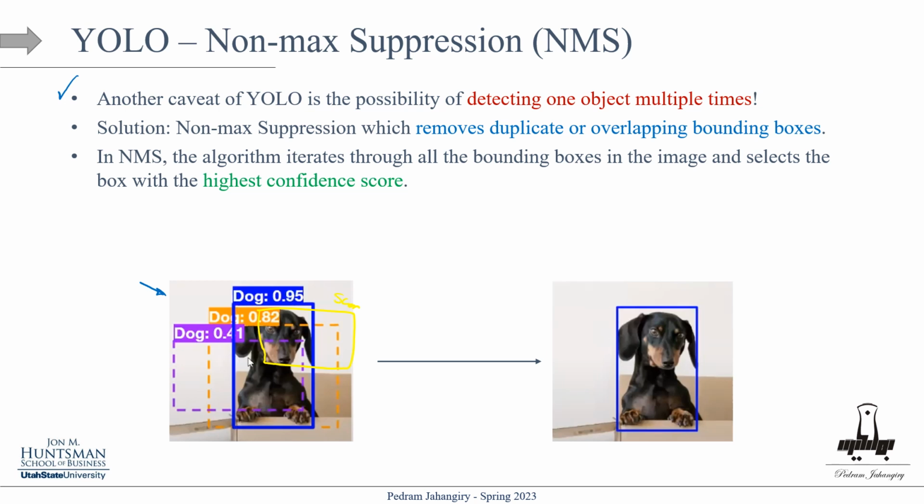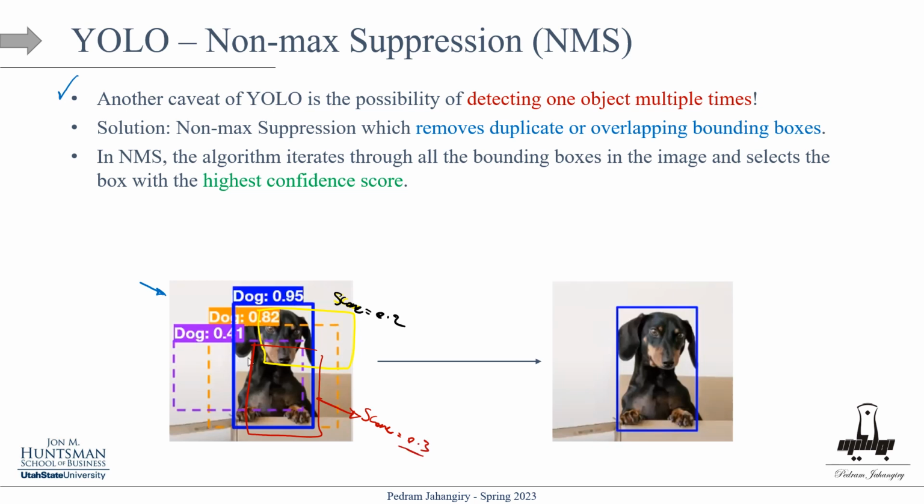Let me write in another color. The score is 0.2. Then we can have another bounding box, in another color, and the score is 0.3, something like that.